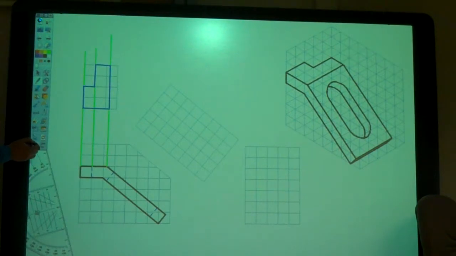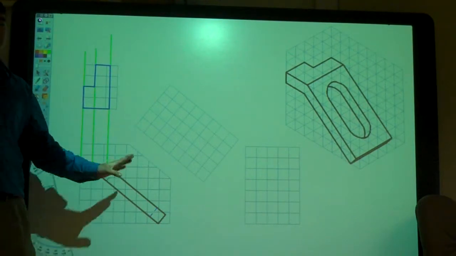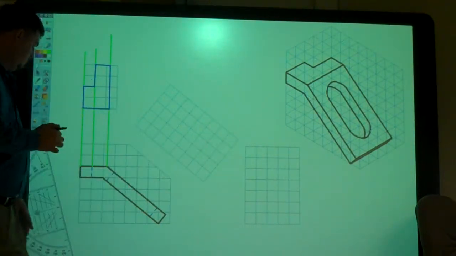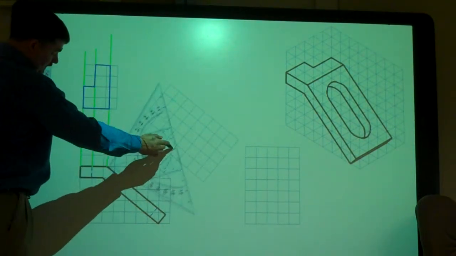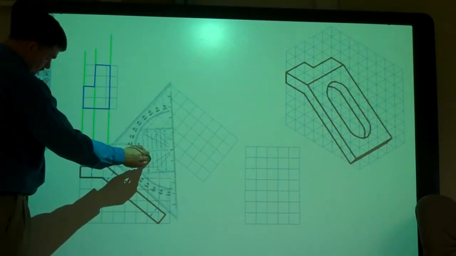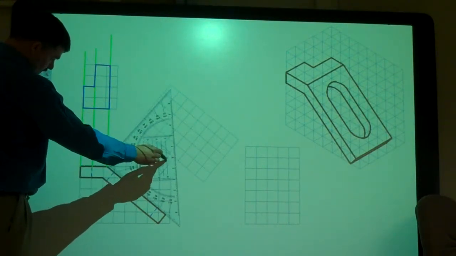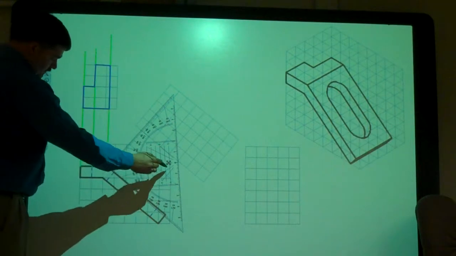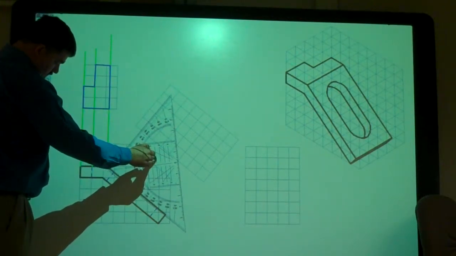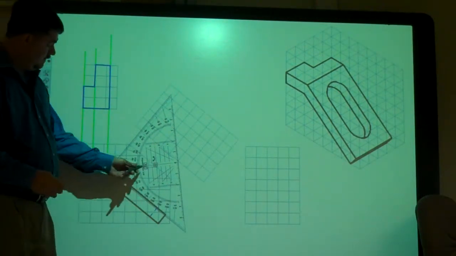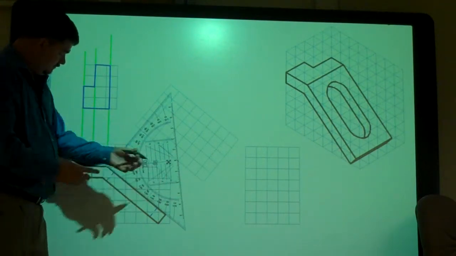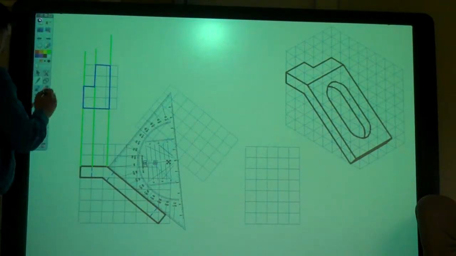We're going to go back to how I had it. So there we got that. What's next? The auxiliary. No, we start on the auxiliary, right? Yeah. I'm going to take my triangle. Line it up. Go from that corner.